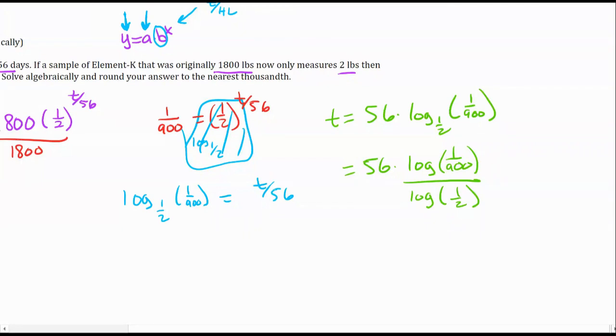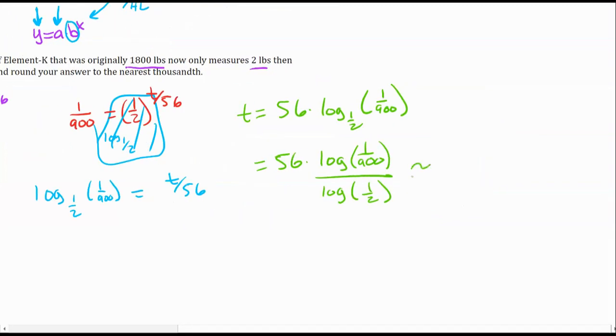And when I plug this in, I do log of 1 divided by 900 divided by log of 1/2 times 56. I'm going to get my answer rounded to the nearest thousandth of 549.572 as my answer.